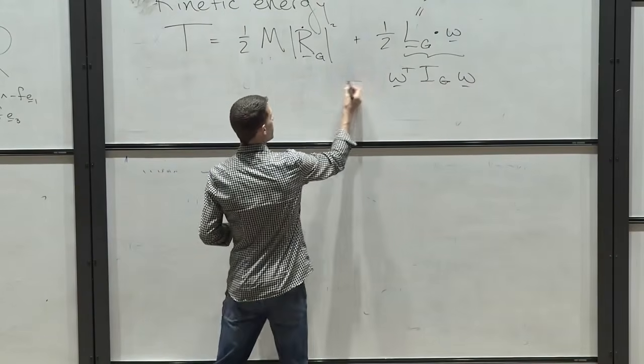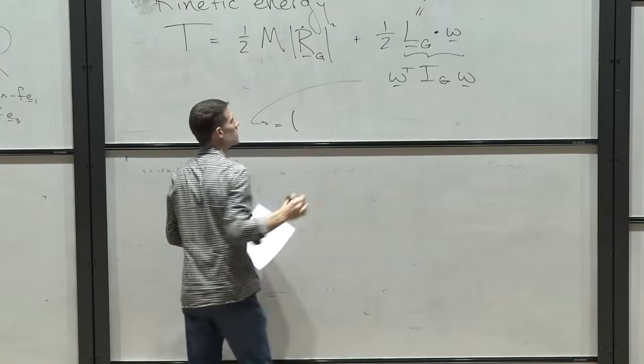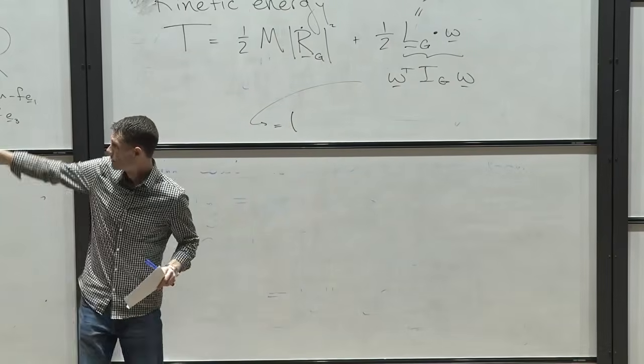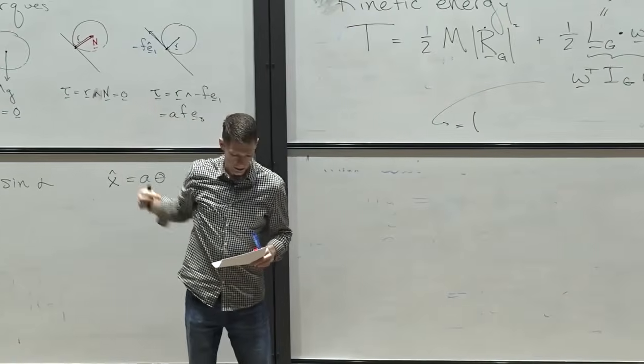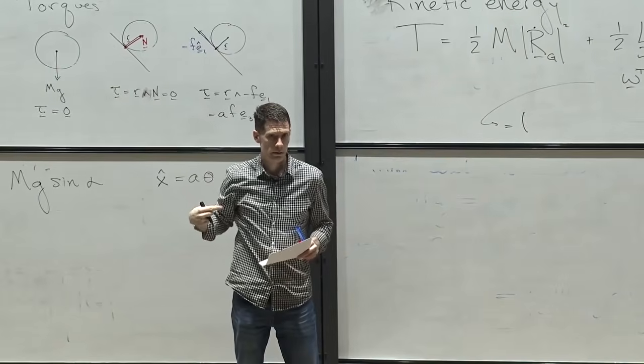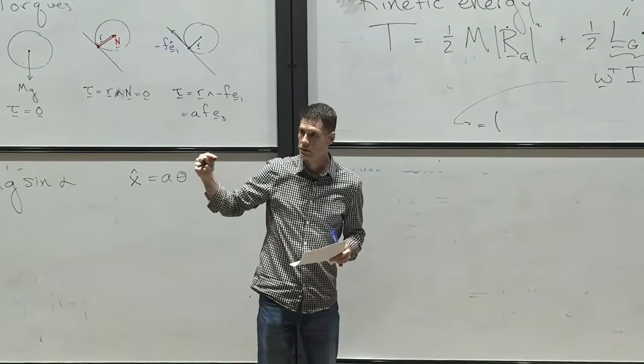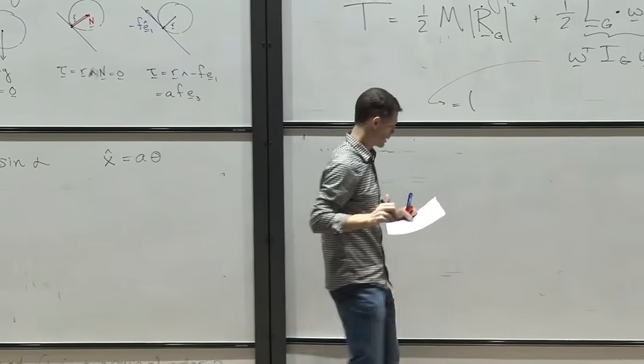Which is the same as, in this system, E3 is coming out of the board. And omega only has an E3 component with a theta dot, we saw last time.